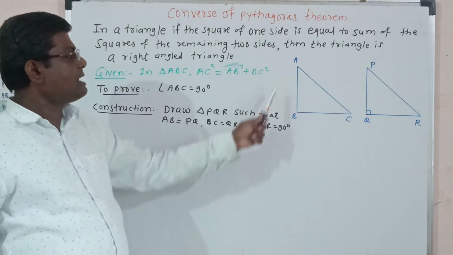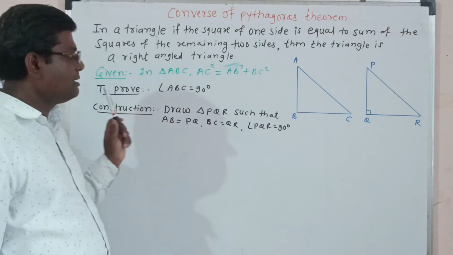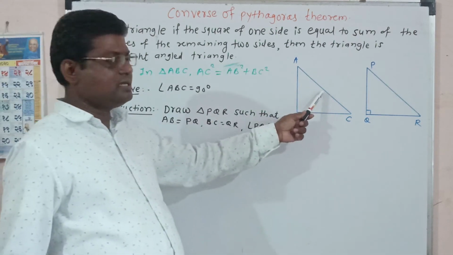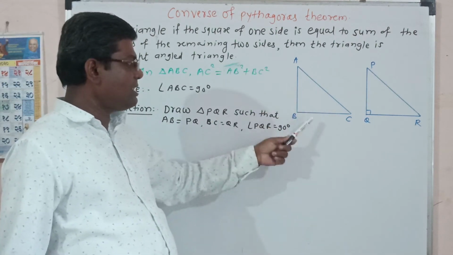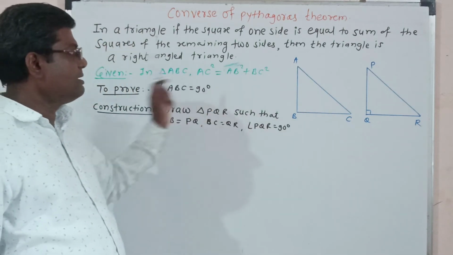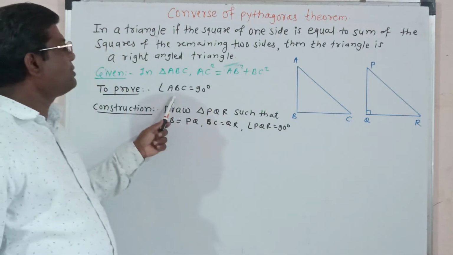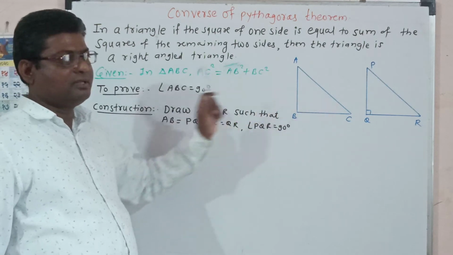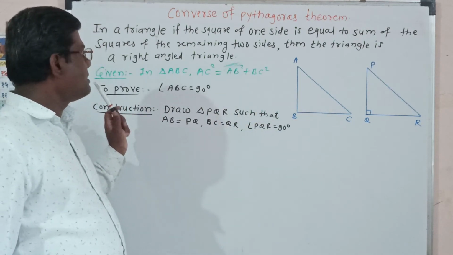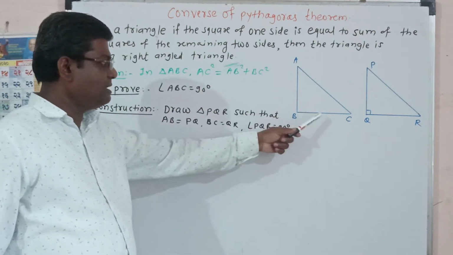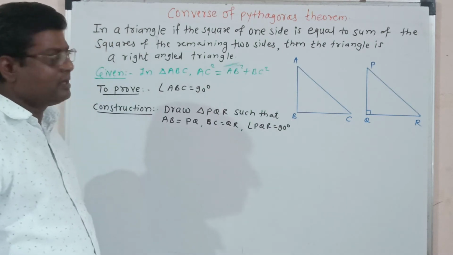Here one triangle ABC is given, and in that triangle AC square is equal to AB square plus BC square is given, and we have to prove that the triangle ABC is a right angled triangle, that is angle ABC is equal to 90 degrees.